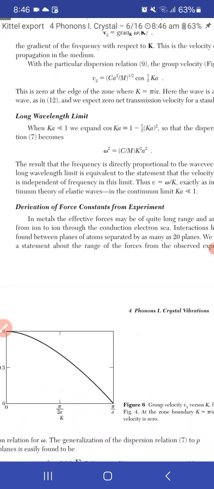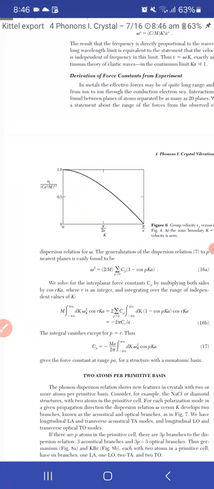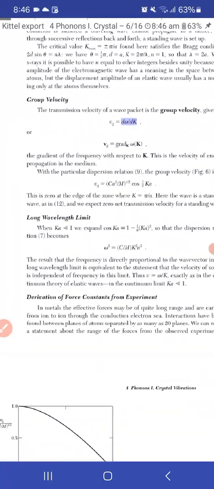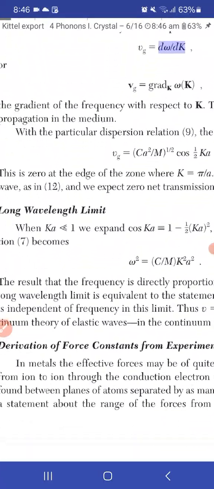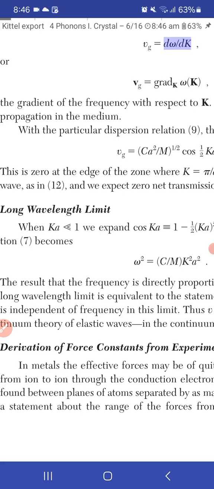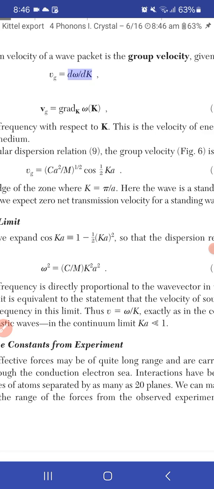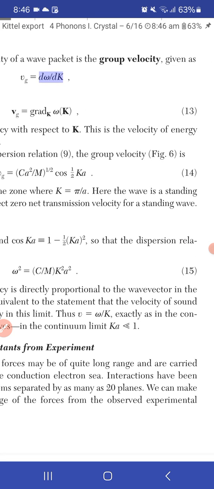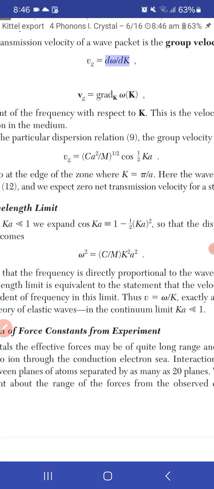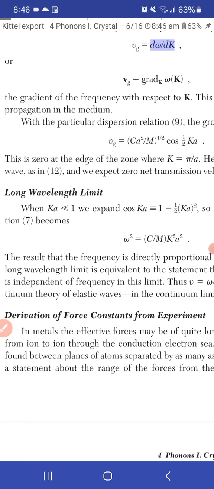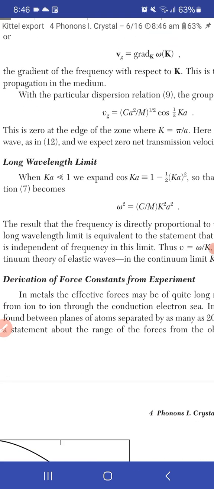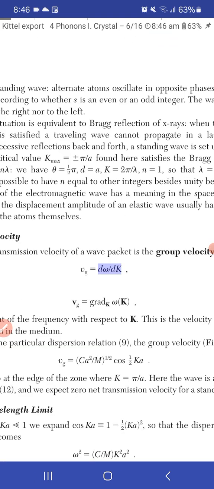Now the long wavelength limit. In the long wavelength limit, Ka is much less than 1. We expand by binomial expansion, cos(½Ka) is approximately 1 minus ⅛(Ka)², so that the dispersion relation is ω = √(C/m) ka.